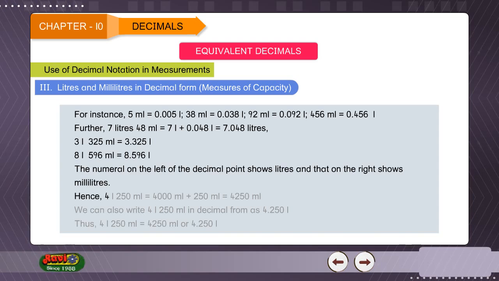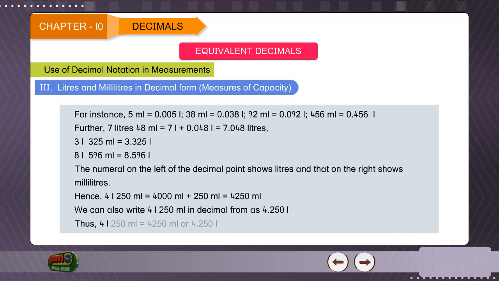Hence, 4 liters 250 milliliters is equal to 4000 milliliters plus 250 milliliters, which is equal to 4250 milliliters. We can also write 4 liters 250 milliliters in decimal form as 4.250 liters.